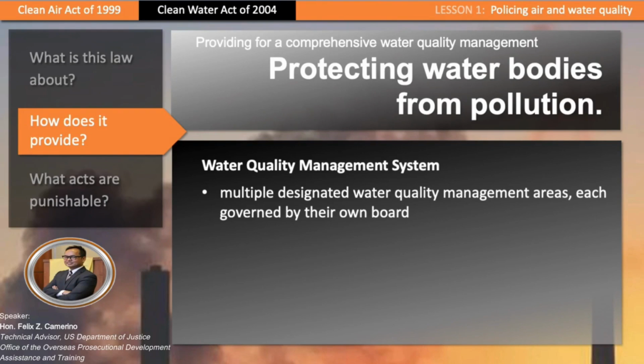So with these management areas, there is a governing body. There is one for each of these water quality management areas, and they are composed of a number of key players in government, and even NGOs as well as people's organizations.